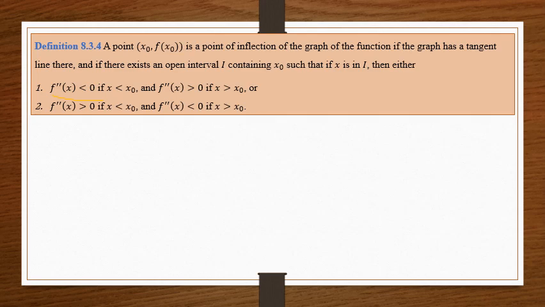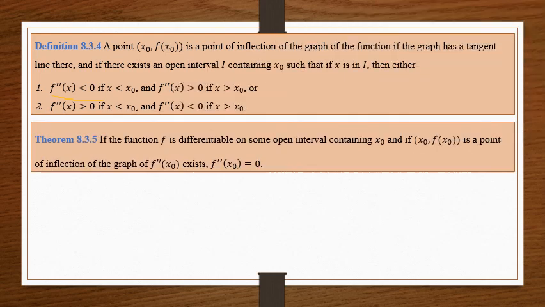Or f double prime of x is greater than 0 if x is less than x sub 0, and f double prime of x naman is less than 0 if x is greater than x sub 0.